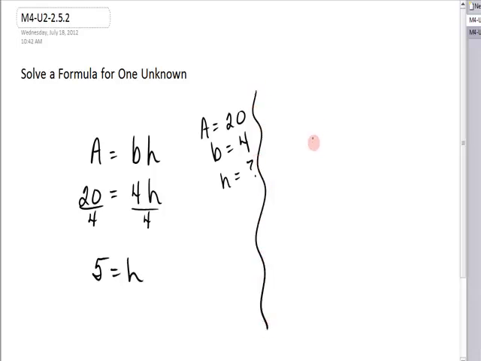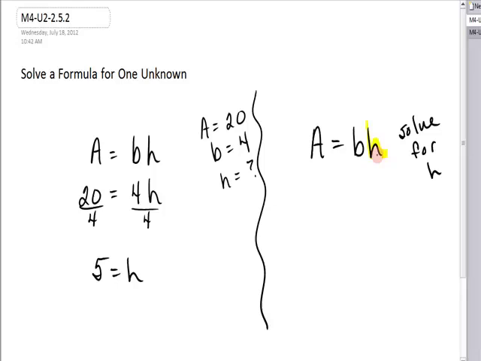What if instead you were given the formula A is equal to BH, and you were told to solve for H, but you were not given numerical values for A and B? You're supposed to remember that H is the unknown, and you're going to do exactly what you did over here, but you're going to do it with letters.